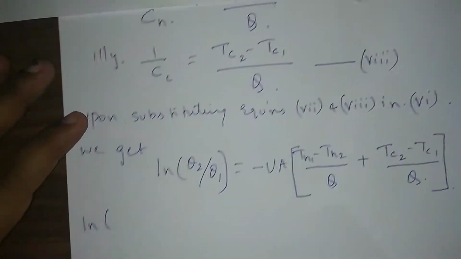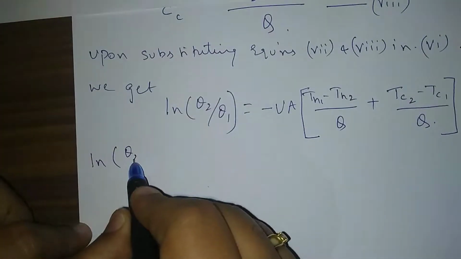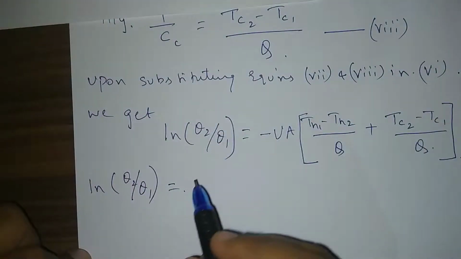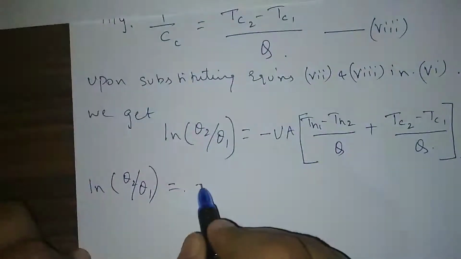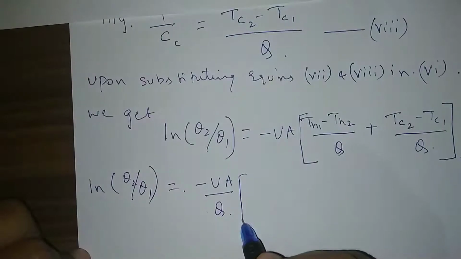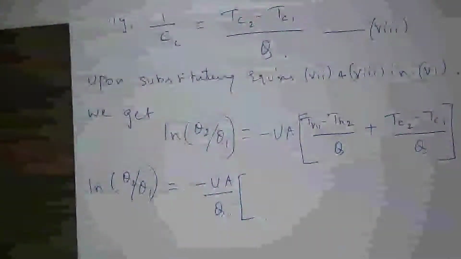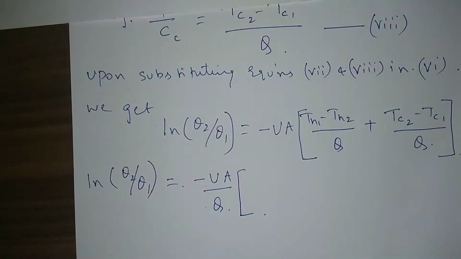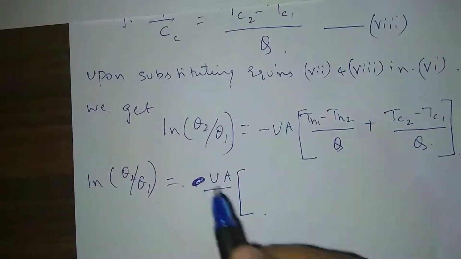So ln of theta 2 divided by theta 1 is equal to minus UA by Q times. Now shall we try to club the inlet and outlet properly? Shall we try to club it? Now I'll try to write it in a simplified form.